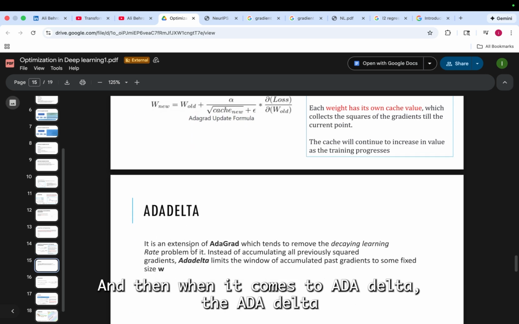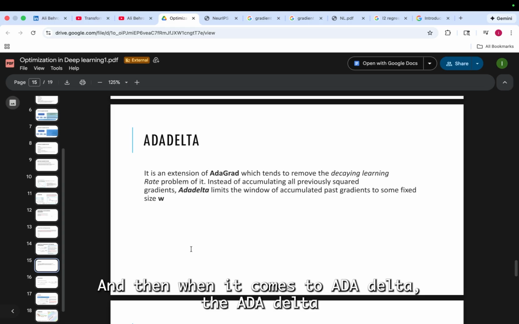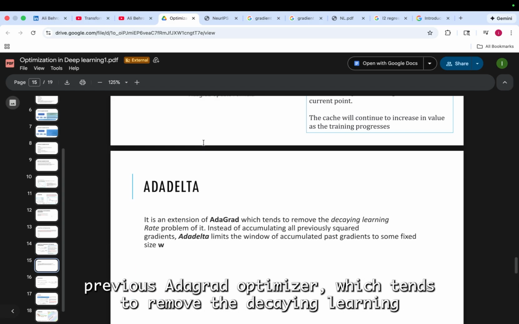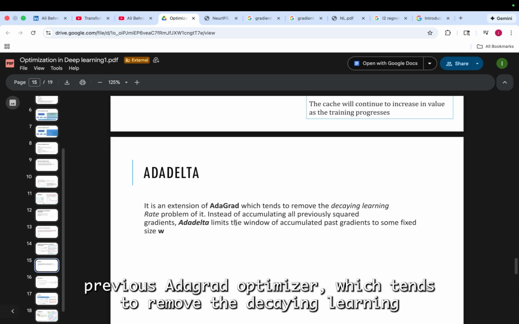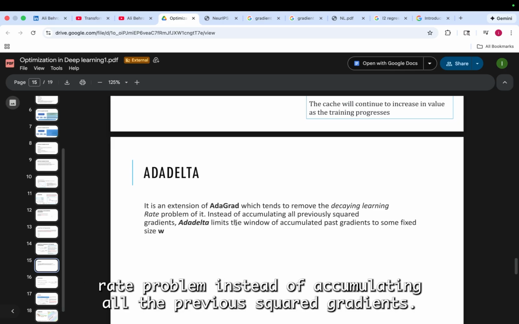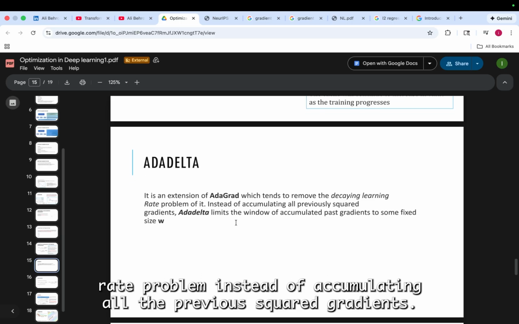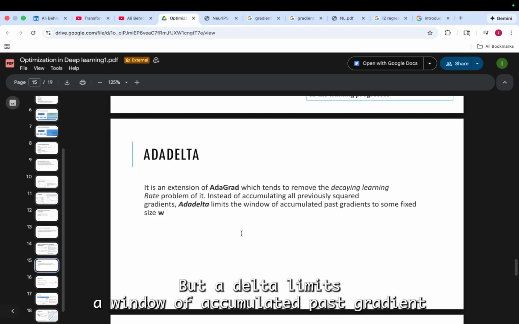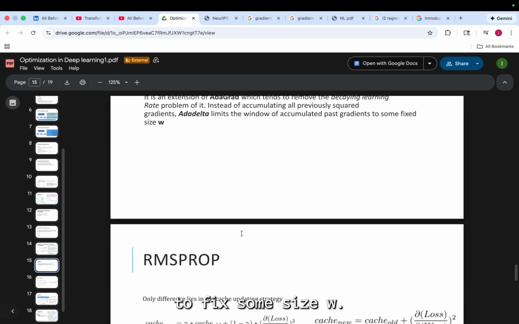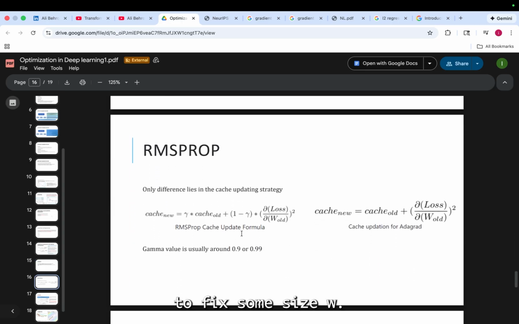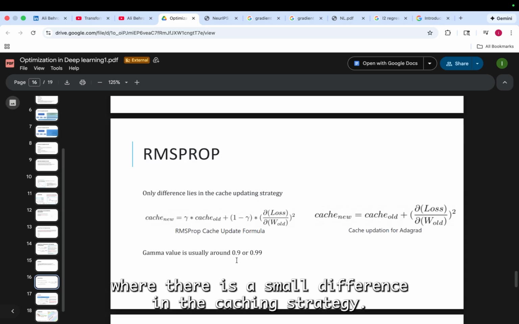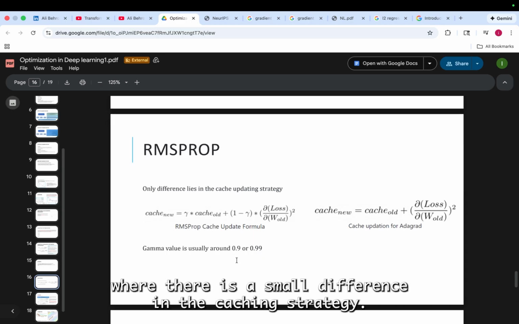And then AdaDelta is basically an extension of the previous AdaGrad optimizer, which tends to remove the decaying learning rate problem. Instead of accumulating all the previous squared gradients, AdaDelta limits the window of accumulated past gradients to some fixed size W. And then there is RMS Prop, where there is a small difference in the caching strategy.